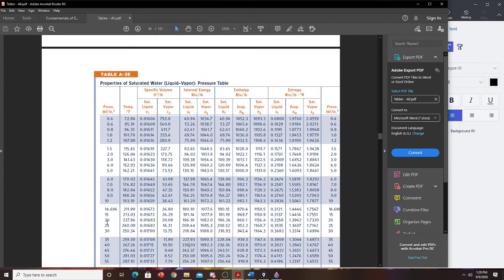So what we need to find is we need to compare our specific volume value to what is in the table. So if you slide across here on this row, you will find that the saturated vapor volume is 20.09. Is our value in between 20.09 and 0.01683?